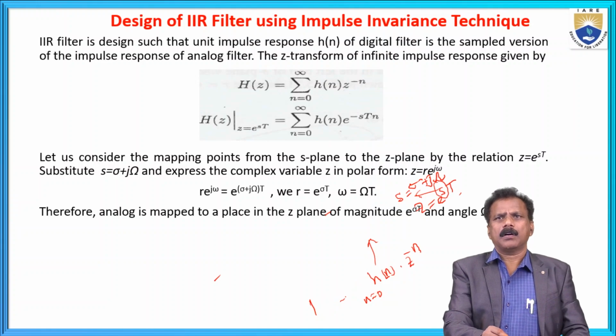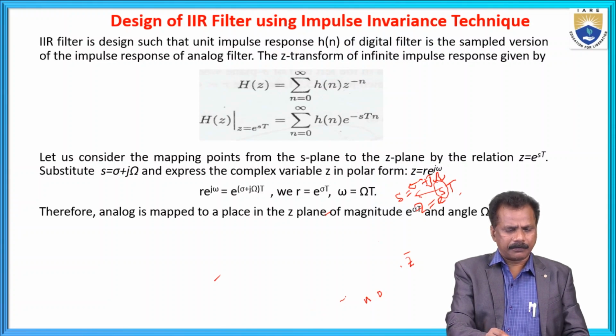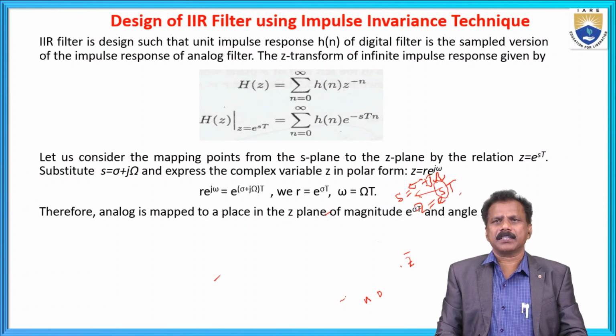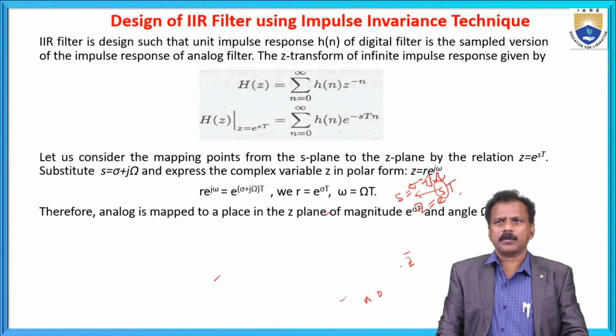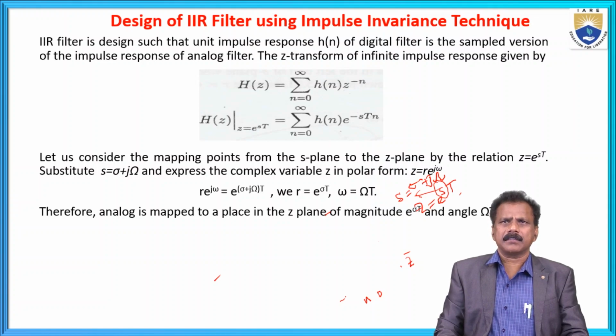Using this analysis, the mathematical expressions for the r value and omega value can be easily identified. Therefore, the analog point is mapped to a point in the z plane of magnitude e power sigma into T and angle omega into T, where capital T is the sampling period. This is the design of an IIR filter using the impulse invariance technique, where the impulse response h of n of the digital filter is a sampled version of the impulse response of the analog filter.